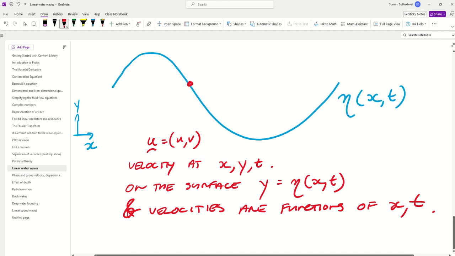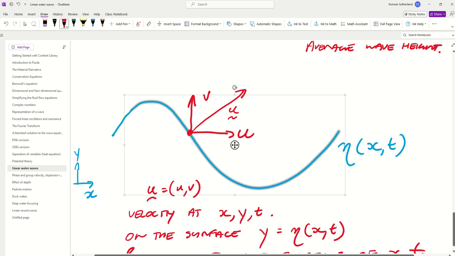Because you're stuck to this surface, right? So imagine you're stuck at that dot. You have a vertical component of velocity, which we call v, and we have a horizontal component of velocity, which we call u, and we have the resultant velocity, which we call u twiddle with the vector, right?